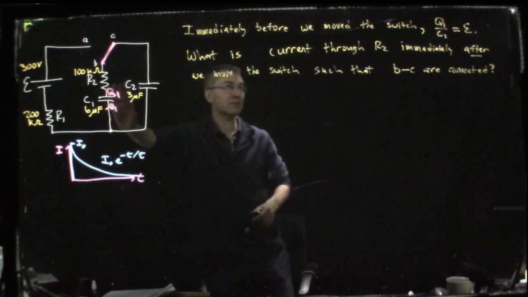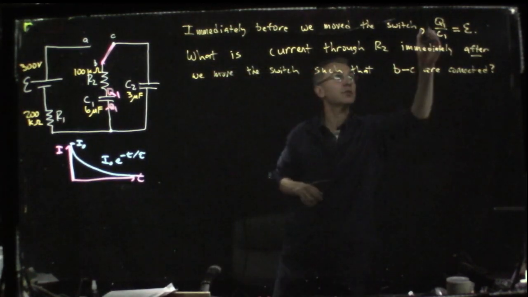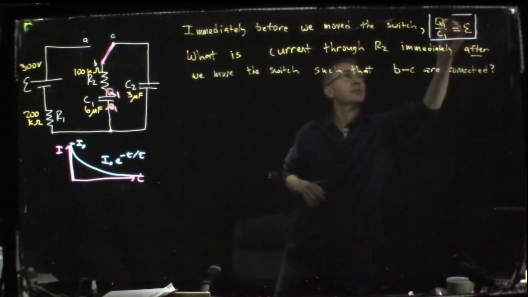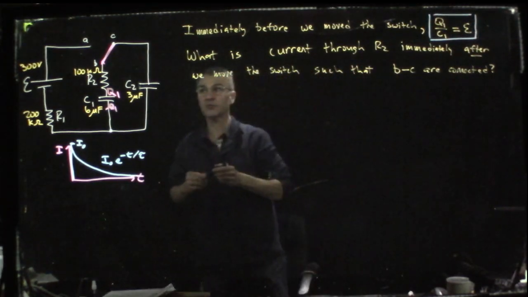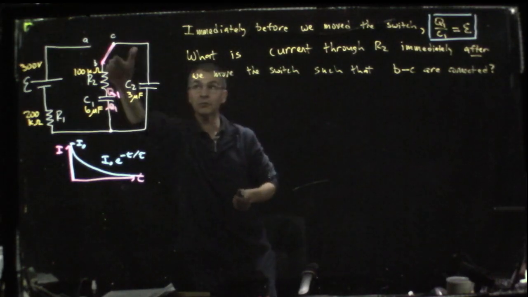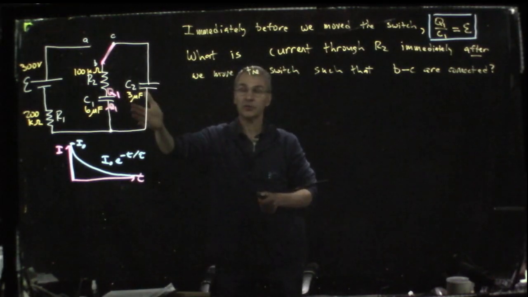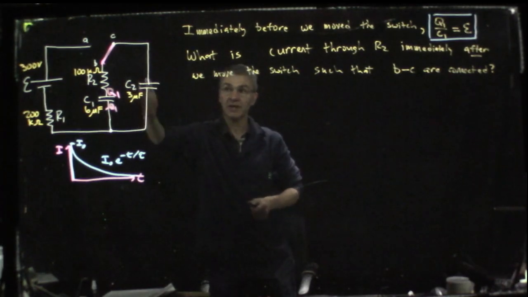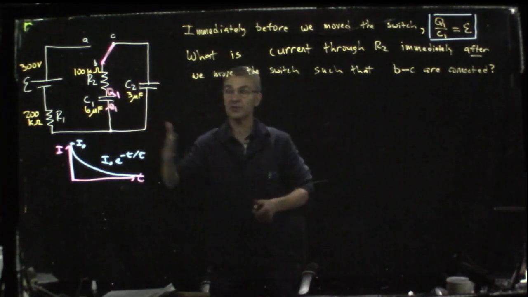So that means that Q1 over C1 equaled the battery voltage just before we moved the switch. Then we moved the switch. So there's a resistor here. It takes some time for the charge to move from place to place.